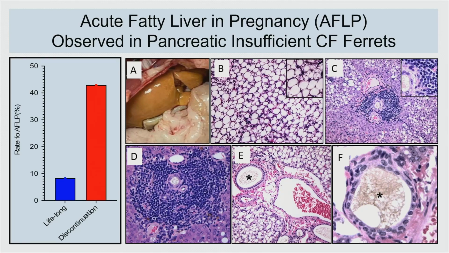In pathology, there is steatosis, fat in the liver. C and D are about the gallbladder. They have a lot of inflammatory cell infiltration around the gallbladder and the bile duct, and the bile duct is filled with mucus.